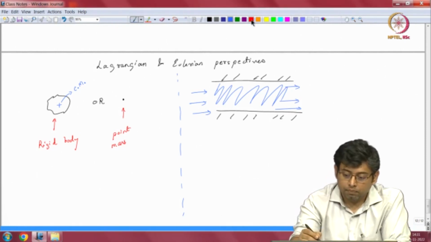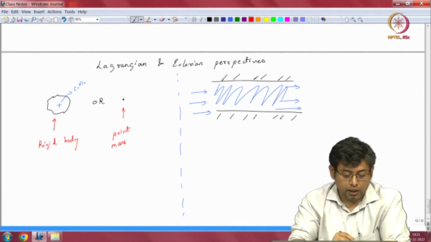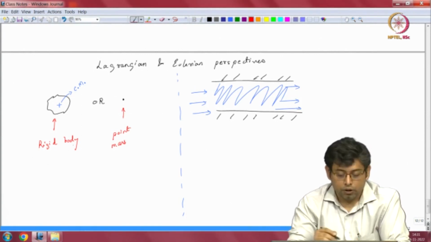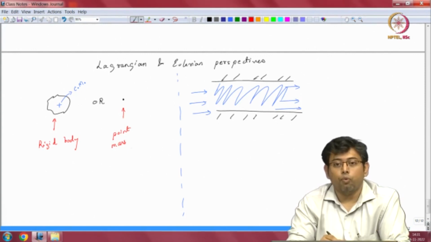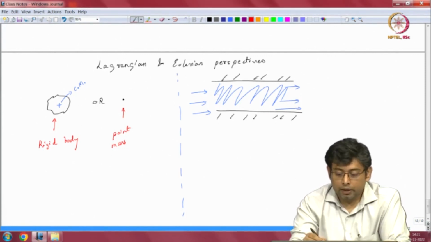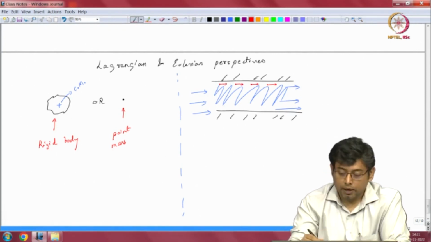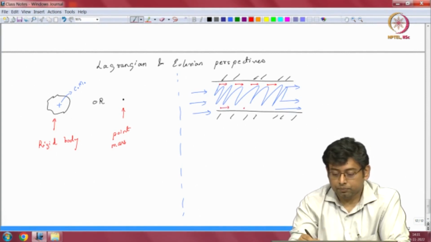Now we obviously cannot use the rigid body idea, so we have to look at this fluid as an ensemble of point masses. So every point here has some velocity as a function of time, and that is why the entire fluid is moving. Right. So every single point.